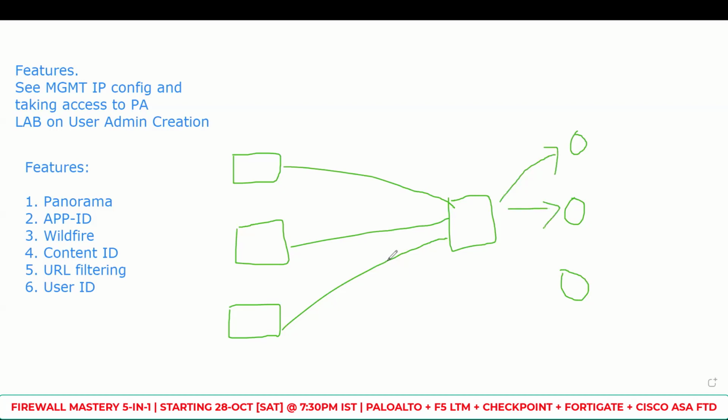Let's also imagine the users coming from all the firewalls have a common zone called corporate zone or trust zone, and when they go out, they go through a zone called VPN zone to reach this data center.